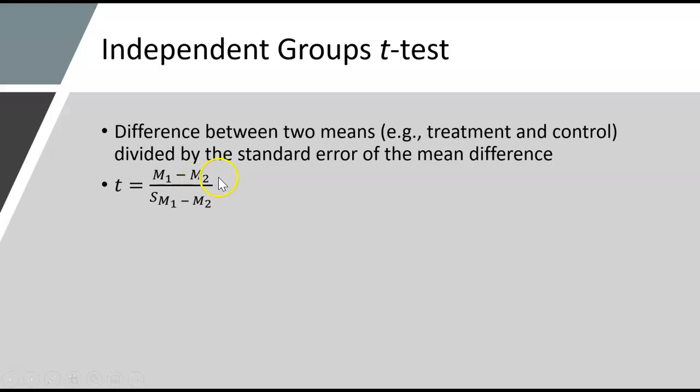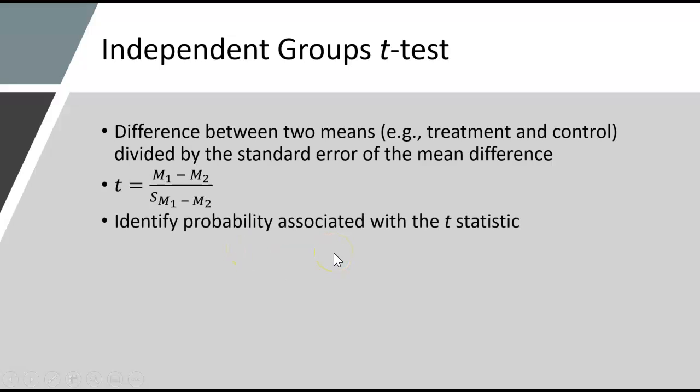That creates a difference score for those two means. There's also always going to be some error associated with the mean difference. So you have that mean difference and you calculate a standard error. So we're taking the difference between the means and dividing it by the error in our calculations of those differences.